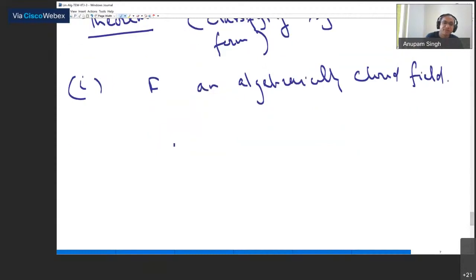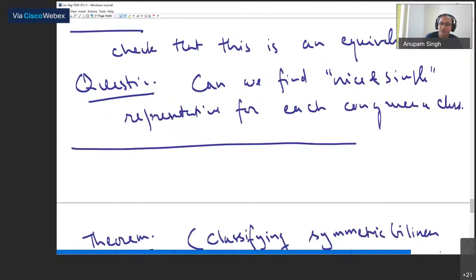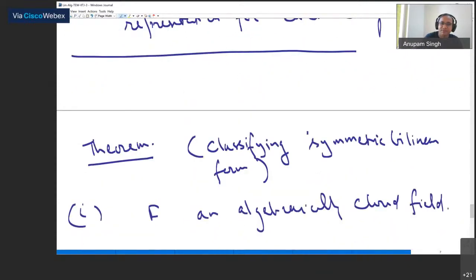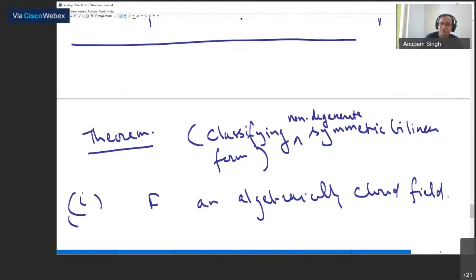The theorem says that, let me also assume here, just for simplicity, that I'm classifying non-degenerate symmetric bilinear forms. As I said, there will be some zeros involved, so let's not worry about that.